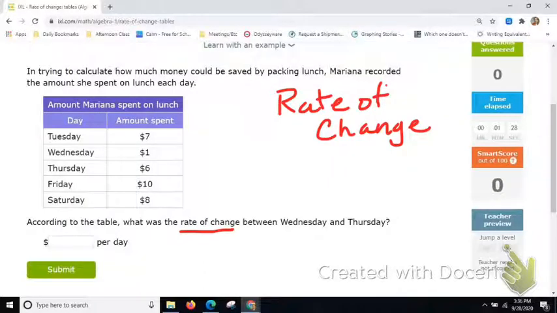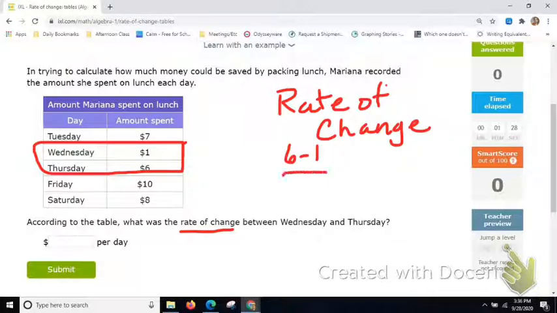So since it said Wednesday and Thursday, then I'm looking at these two numbers. So I'll take the second one minus the first one, because it did go up, right? So 6 minus 1. And then how many days between Wednesday and Thursday? Only one day. That's just one day that's passed. So then that's 5 over 1.